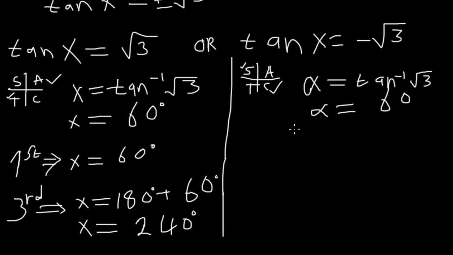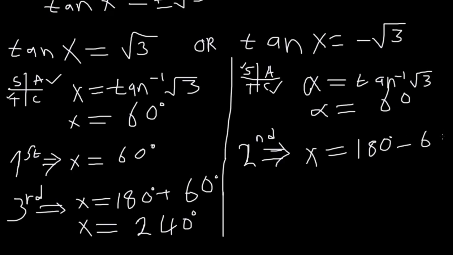So since tan is negative in the second and in the fourth quadrant, in the second quadrant your value of x, we're finding x, will be equal to 180 degrees minus 60 degrees.